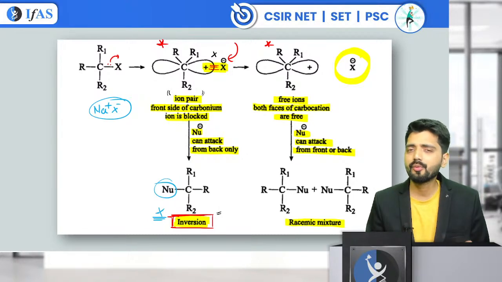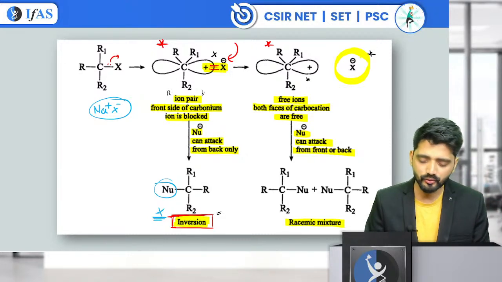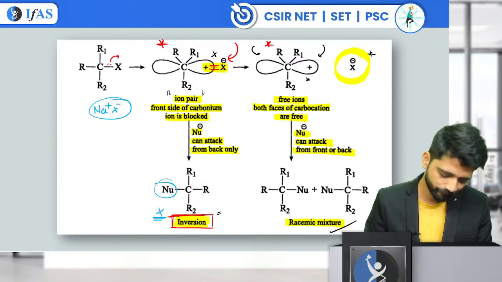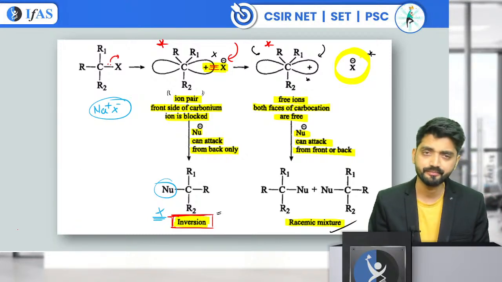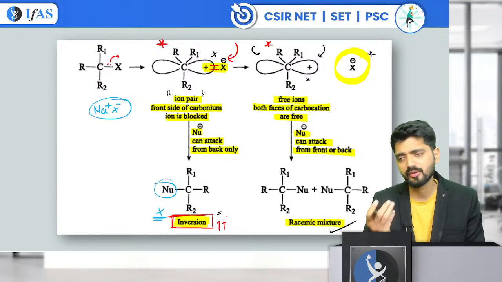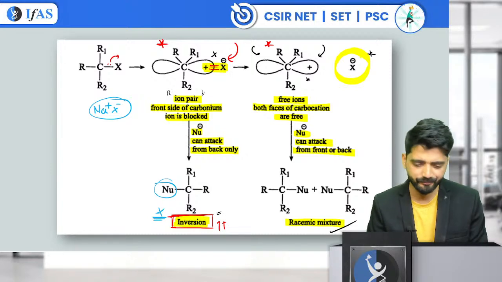If we use polar protic solvents, then of course this X minus will be solvated, and the carbocation will also undergo solvation. So the possibility of attack from both sides is favorable, and you form the racemic mixture. But inversion product dominates a little bit in an SN1 reaction because of the formation of this ion pair. I hope you have got this concept.